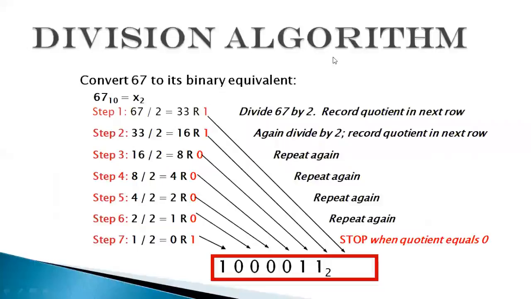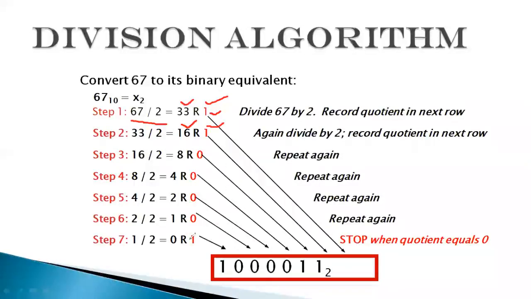Just a fast recall, the number was divided by 2. We have recorded the quotient as well as the remainder. Since the quotient was 33 and the remainder was 1. Same way, the new number is now 33, again divided by 2. We got a new quotient. The quotient is 16 and the remainder is 1.